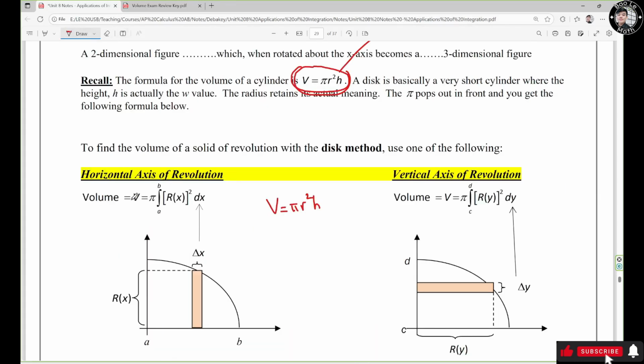I have V equals pi, the integral from a to b, of the radius squared times ds, where ds is actually delta s. Now, a vertical axis of revolution is going to be exactly the same thing, just in terms of y, when you revolve this about the y-axis.